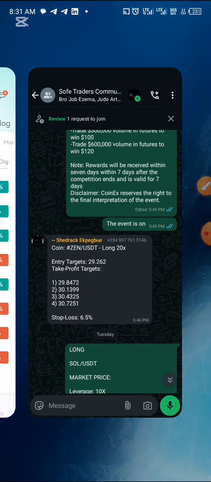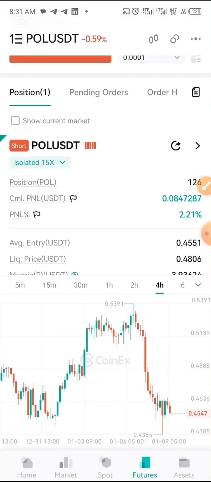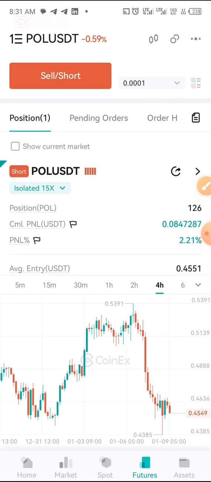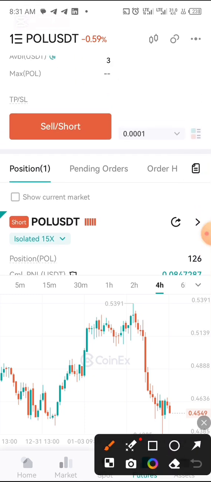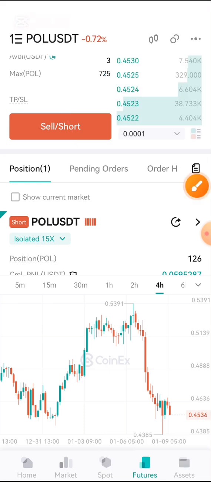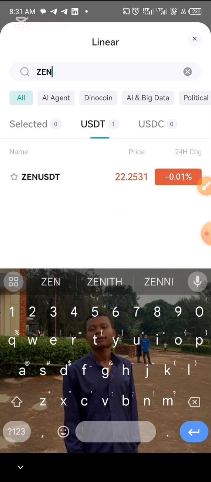Okay, so we'll go back to CoinEx and see if Zen is actually listed on CoinEx. From what we can see here, we would click this place to change the current pair, to look for the pair we want to trade. So click on Zen to know if we have Zen here.